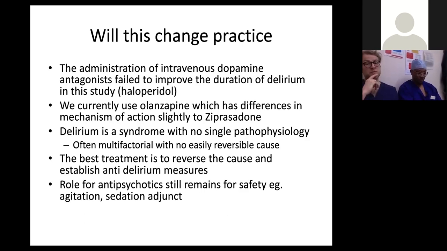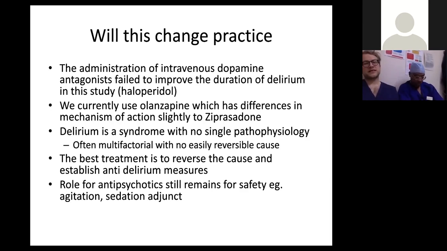Delirium is a syndrome with no single pathophysiology. So the reasons for patients having delirium in our ICU are so multifactorial, and the original indication for antipsychotics is for psychosis. So using them for delirium may not be entirely appropriate to treat the phenotype, as it were.